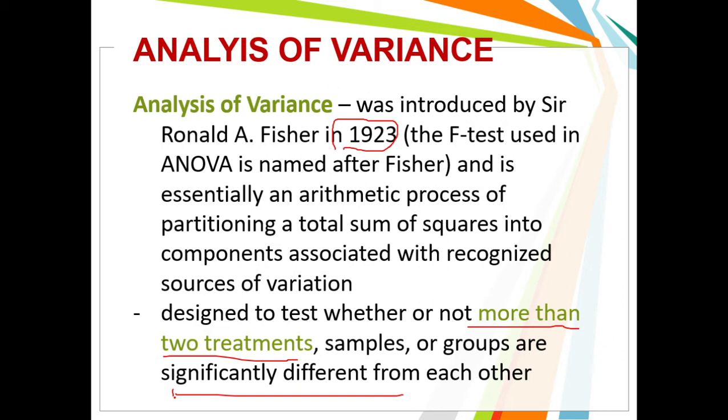We could not point out yet kung saan sa mga treatments ang best or least performing. So, yun yung limitation ng ANOVA. So, sasabihin ng ANOVA or i-conclude lang natin at the end kung may significant difference or wala. We could not yet point out kung saan sa mga treatments ang best or least performing. Okay, so hanggang dun lang ANOVA, significant or not ba yung differences.